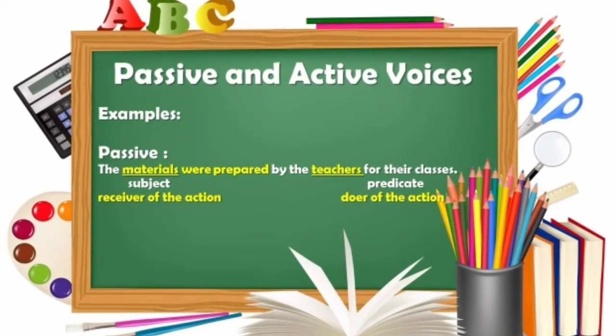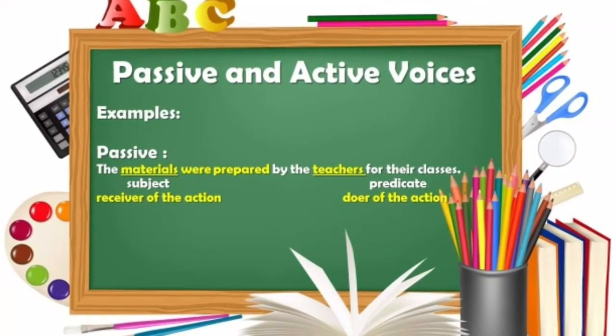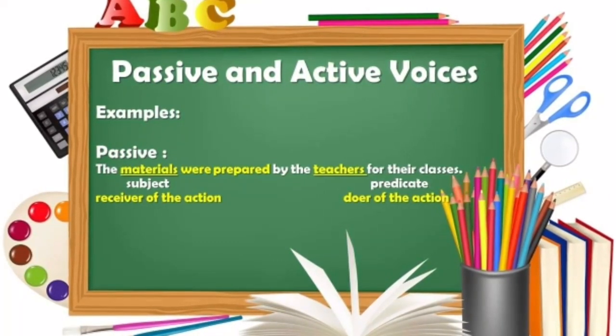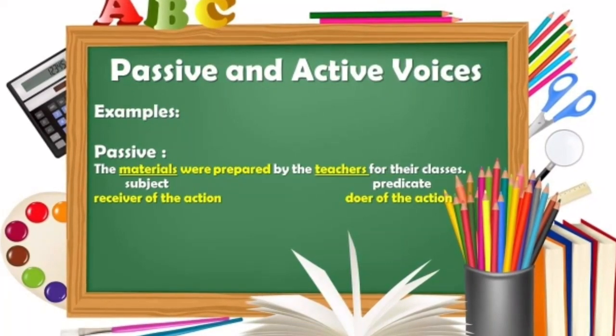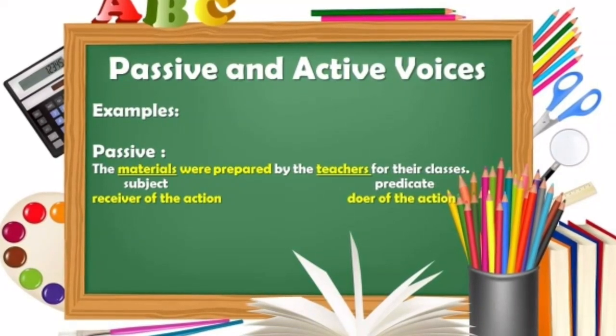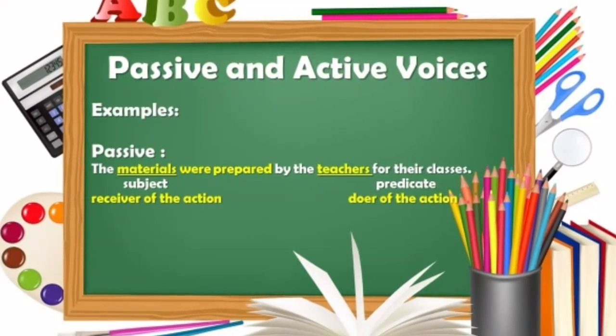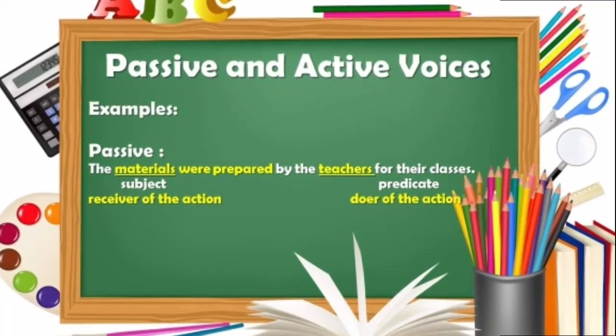The materials were prepared by the teachers for their class. Let's see if it follows the pattern. Materials is the object, were prepared is the action, and the subject here is introduced by the preposition by.